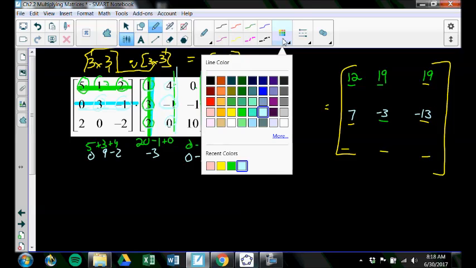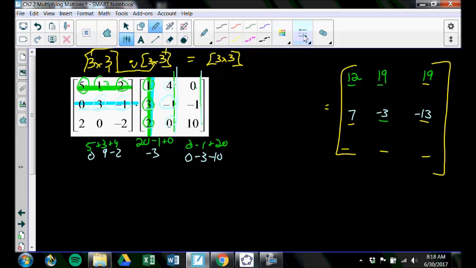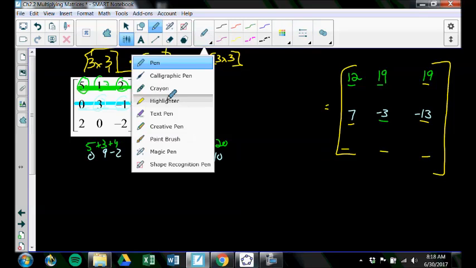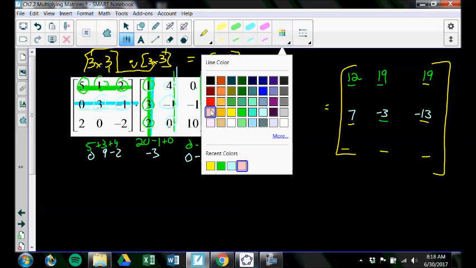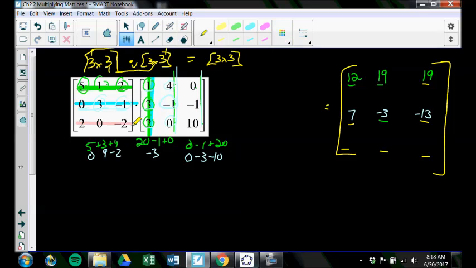Now it's bottom row, bottom column. I'll go with this pretty pink, but I gotta grab my highlighter and show it also. Here's a nice little purple. Let's see if I can get that pretty pink also here. Row, column, row, column, row, column. That's what's happening here.